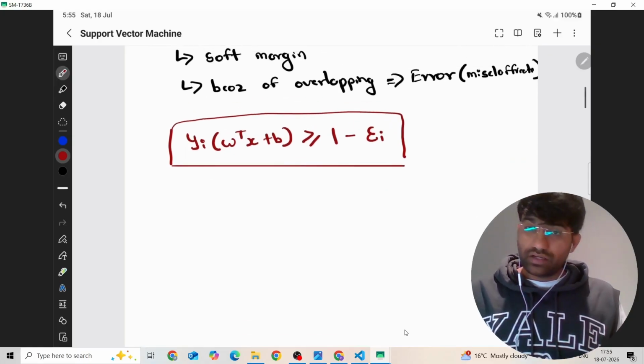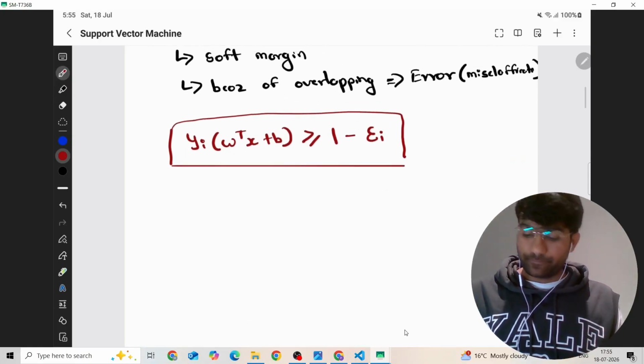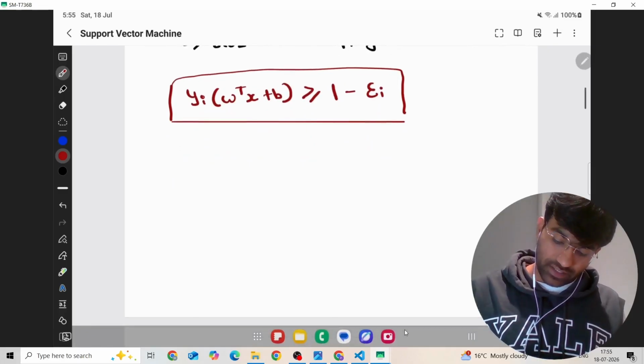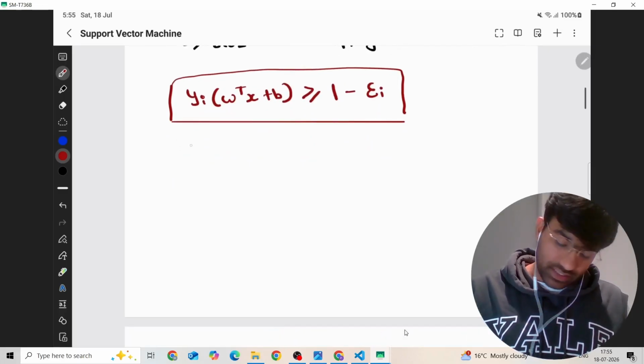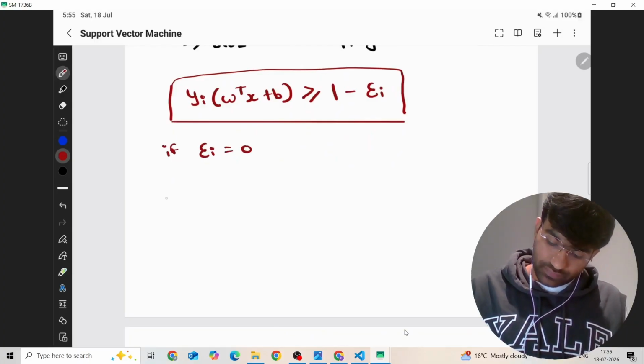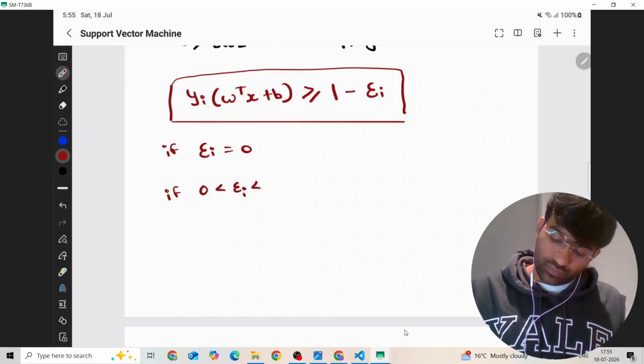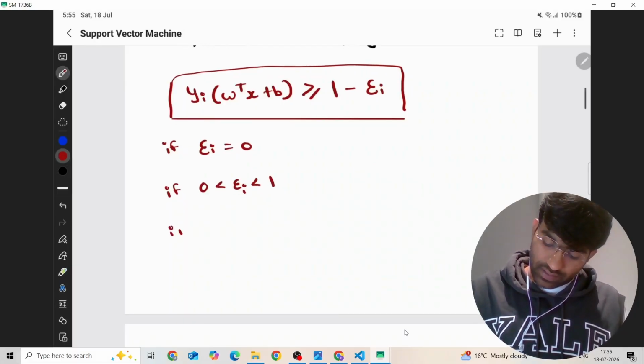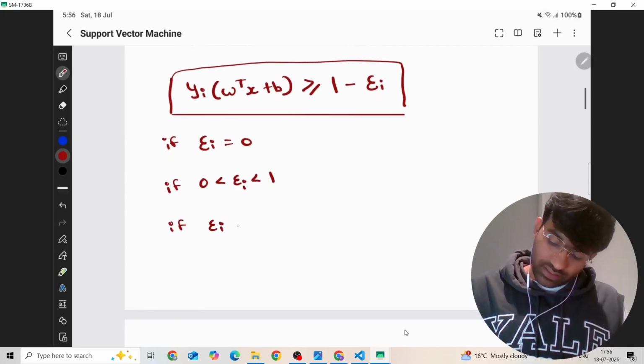So how will we interpret the error? Let's interpret this error. There are three conditions: error equal to 0, error greater than 0 and less than 1, and error greater than 1.